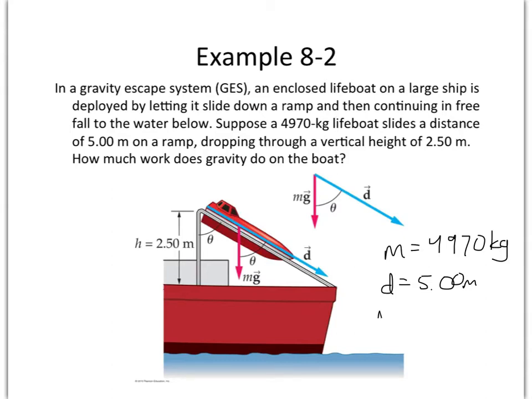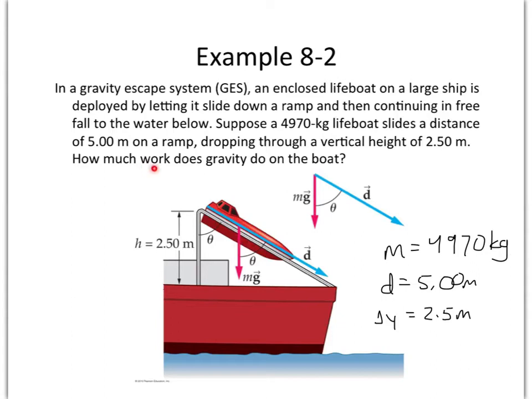That's interesting. Why would we need the vertical height of 2.5 meters? Well, we need that because we don't know the angle between the direction the life raft is moving and gravity, which is doing the work. We're not doing the work, gravity's doing it for us.